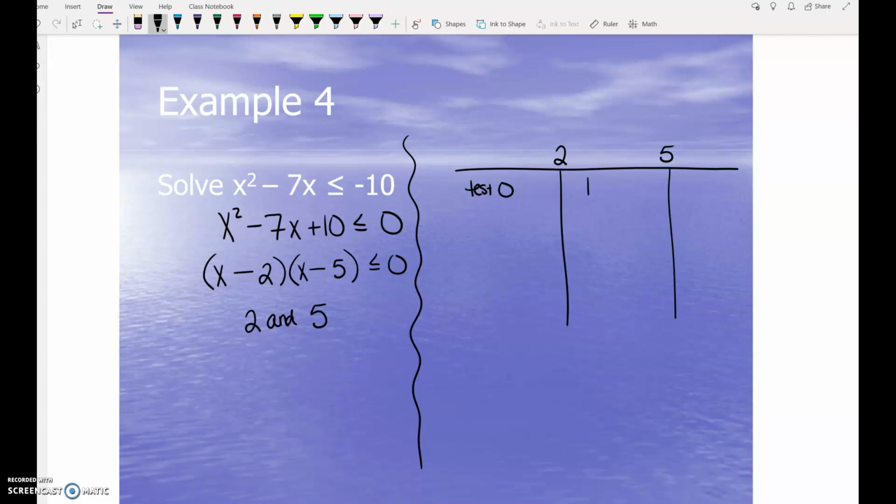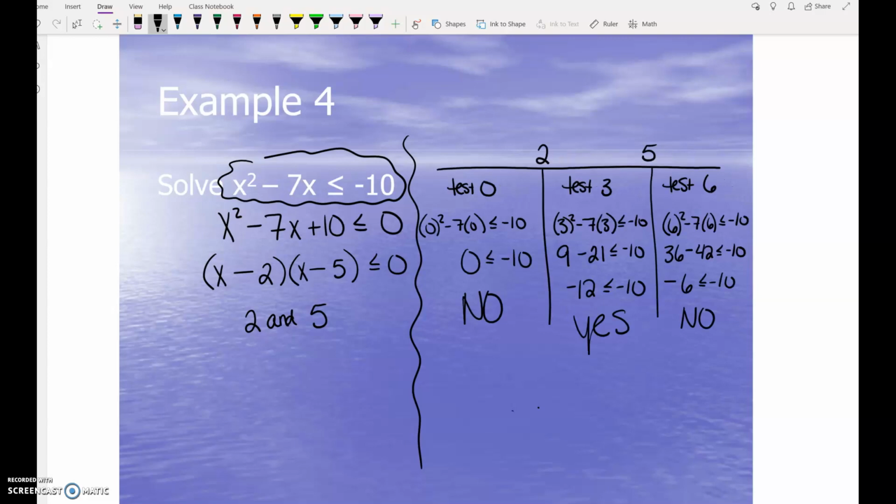I'm going to test 3. And then bigger than 5, I'm going to test 6. Now remember, you're testing them back in the original problem. So pause the video again, test those numbers, whichever numbers you picked, and then we'll see if we can figure out the intervals that include our solutions.